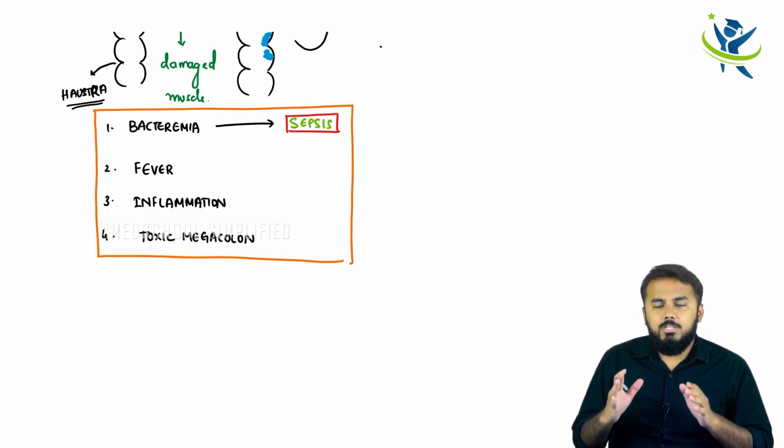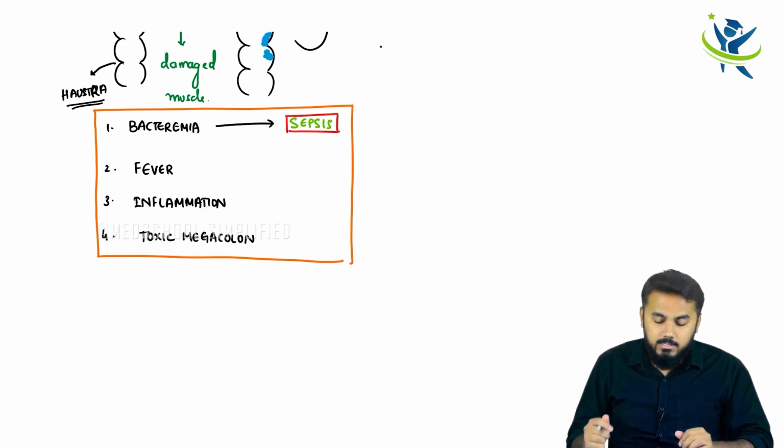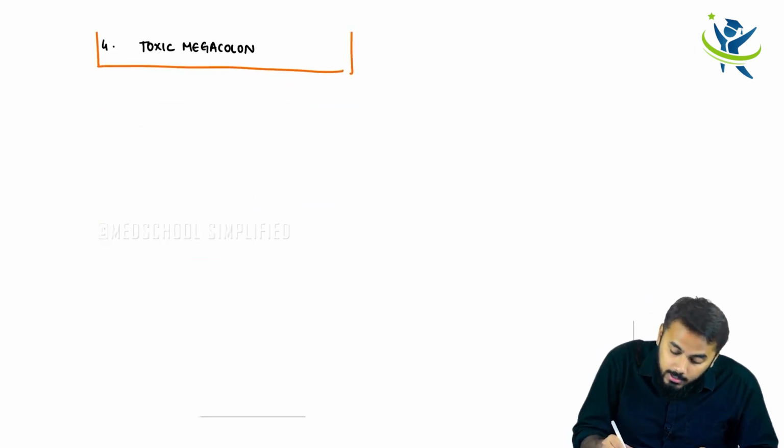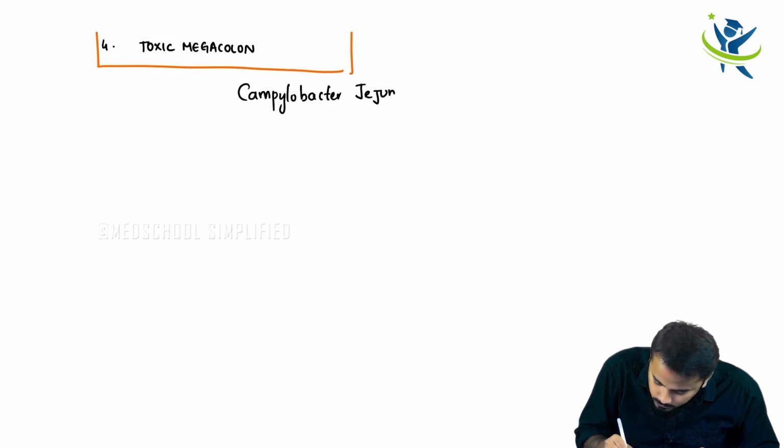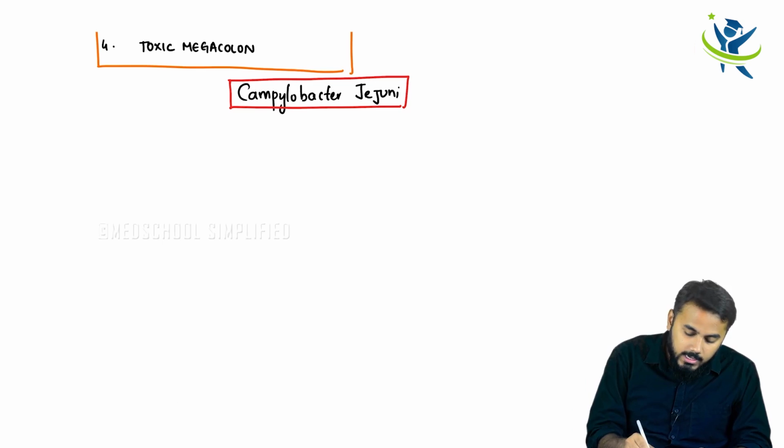So what are the diseases that are associated with Campylobacter jejuni? Look here now very carefully. This Campylobacter jejuni is associated with three most important diseases, guys.